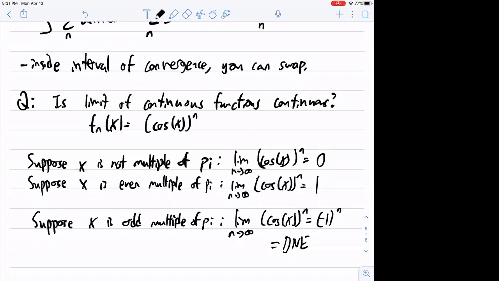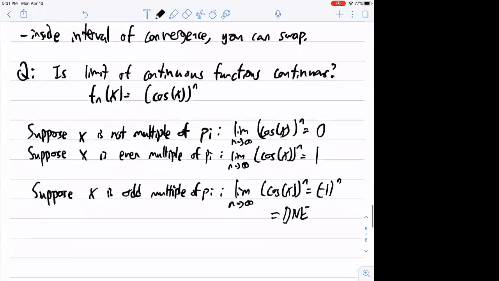Negative 1 to the first power is negative 1, negative 1 squared is 1, negative 1 cubed is negative 1, so you just keep oscillating. You can't have a limit. So you see this is bad, because all the functions in your sequence are continuous, and forget whether the limit is continuous, the limit doesn't even exist sometimes. So this is very bad.